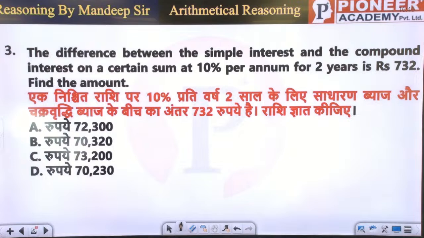This looks similar to mathematics, but it's arithmetical reasoning. Anyone got the answer? Do you know about SI and CI?